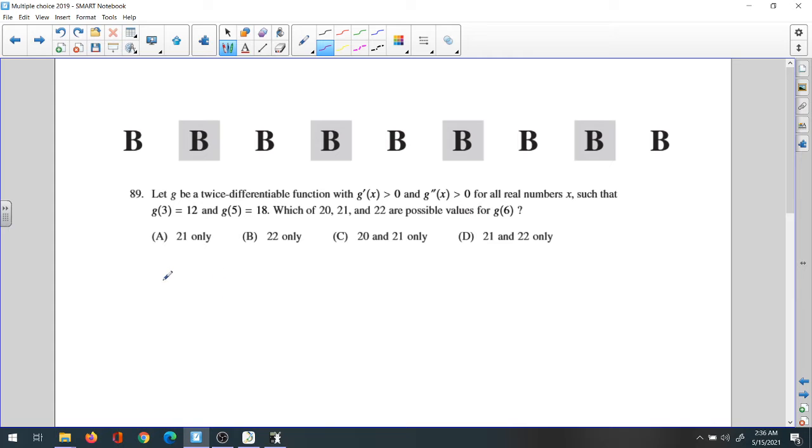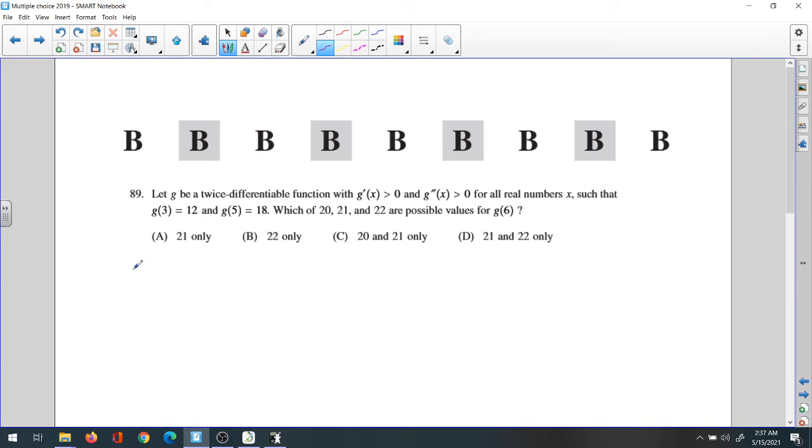How to find out that? That's a tricky question, but you could get it actually. To answer that, we set up that the first derivative is positive and the second derivative is positive.